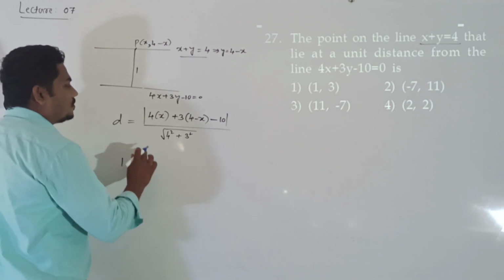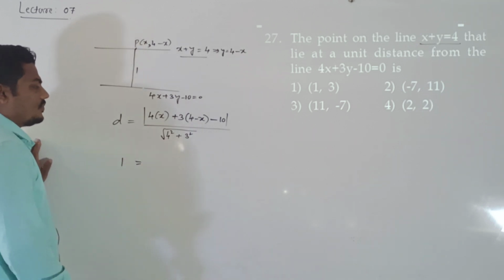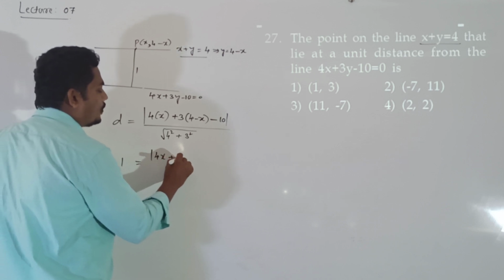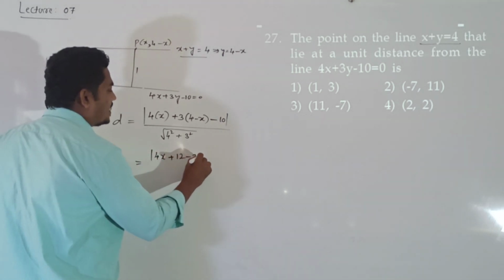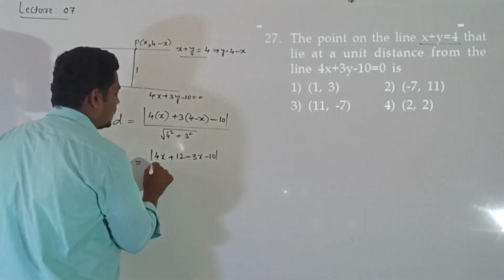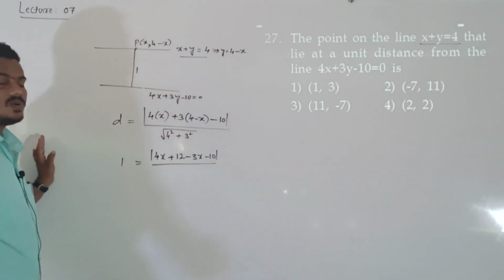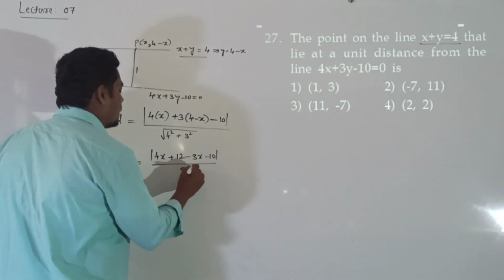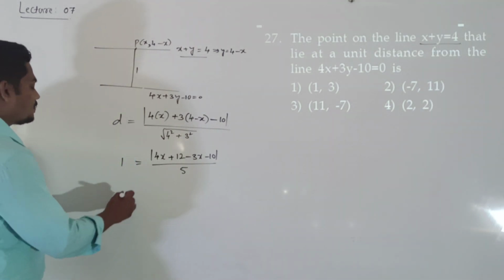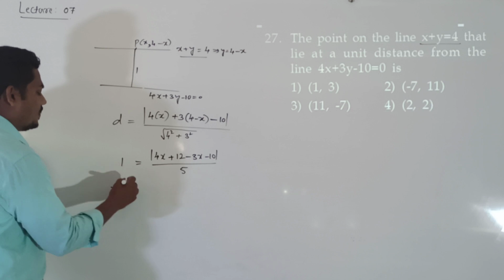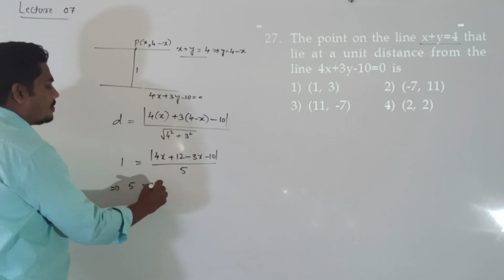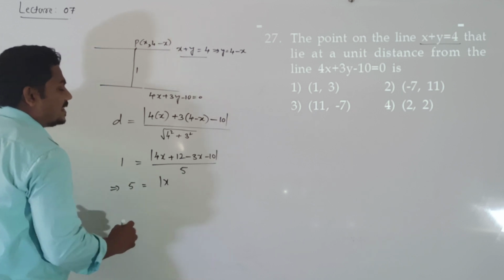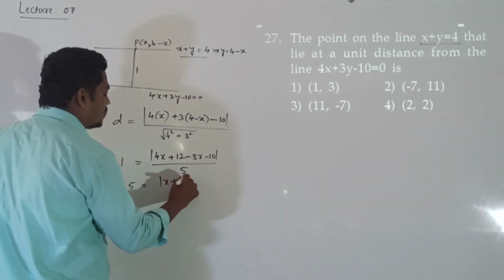That's equal to modulus of 4x plus 12 minus 3x minus 10 divided by square root of 16 plus 9, that is 25. Square root of 25 is 5. Then just cross multiplication, 5 is equal to modulus of x plus 2.